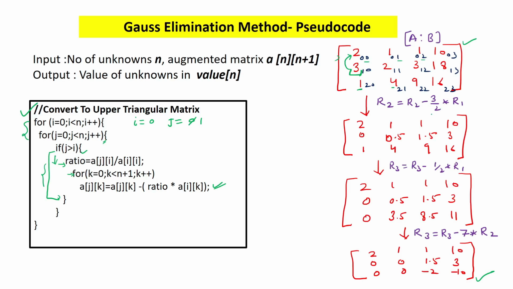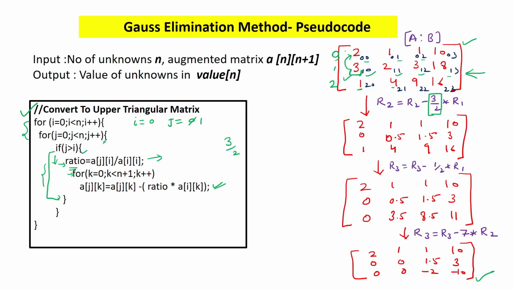And here one thing to notice, we find this ratio first, and then we apply this row operation on all these 4 elements of this particular row. So here we will call this row 0, this row 1, and this row 2. So what we want for the first time is the ratio 3 by 2. So let's see, are we getting this 3 by 2?